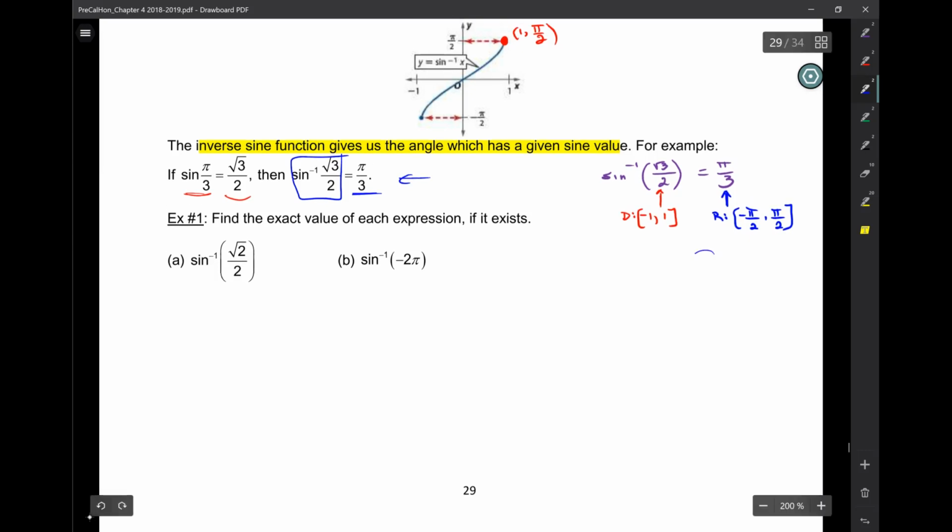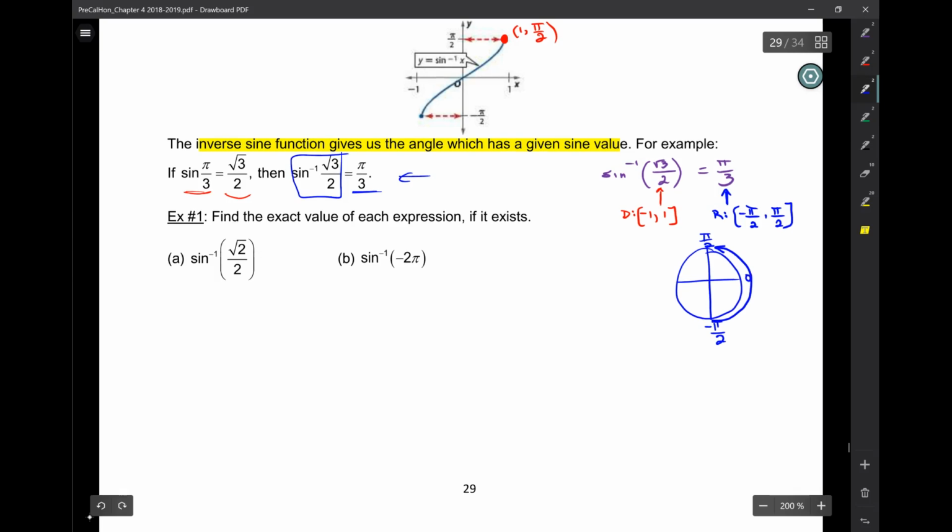What does that look like? Where is negative pi over 2? Here. Where is pi over 2? Here. The values for the answer can only be one of those values. So what are the values on this? This is 0, so you could have an answer of 0.